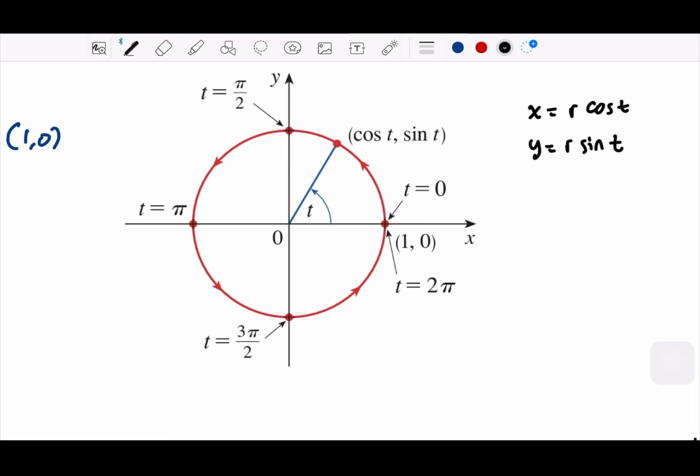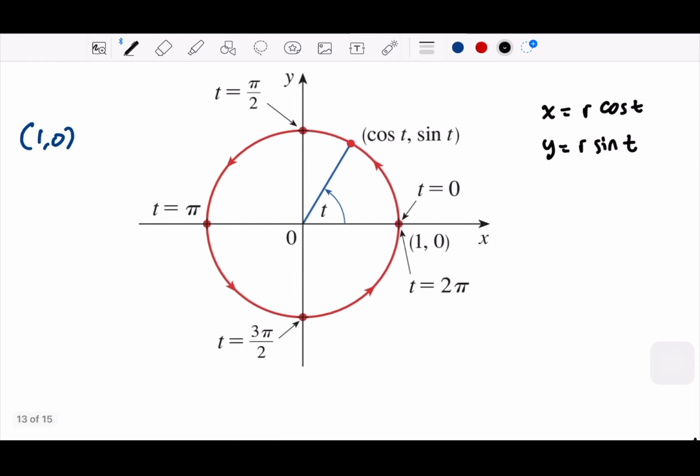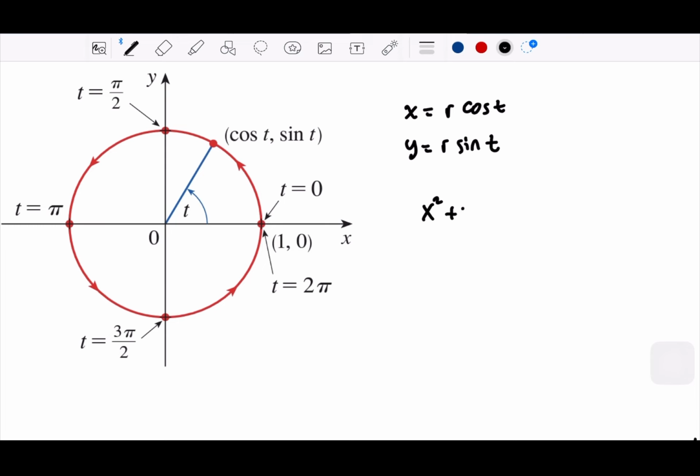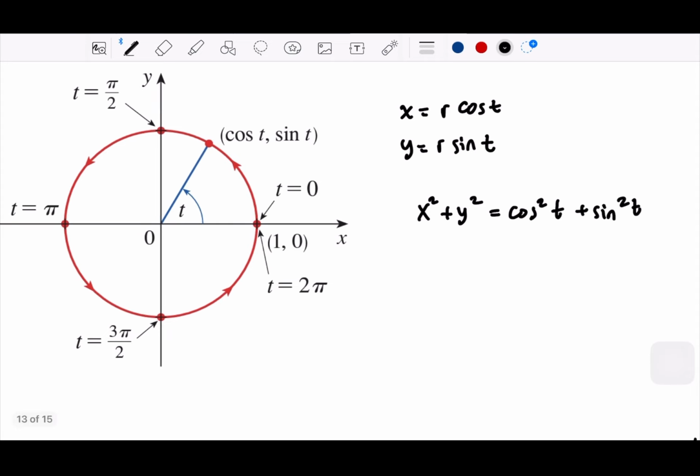Now we could observe this curve. If we take x squared plus y squared, this will be cosine squared t plus sine squared t. And from these observations, we could take this as 1.